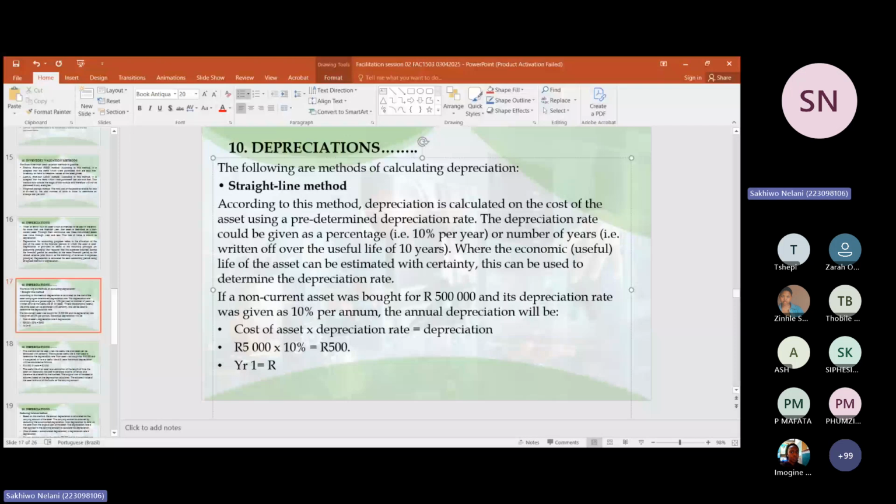Okay, so let us do a practical example. The 10% of 500,000 rand, how much? It's already articulated on the chat box, but I need participation. 10% of 500,000, how much?